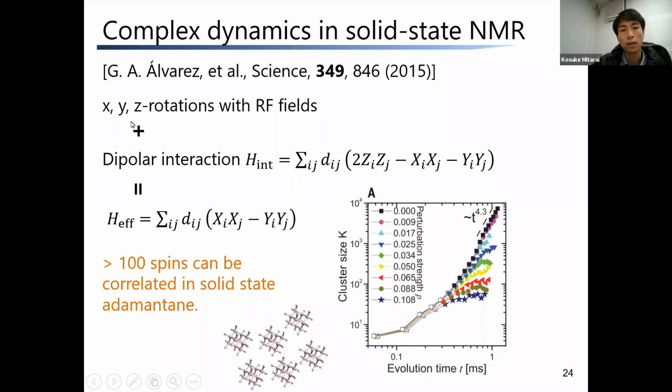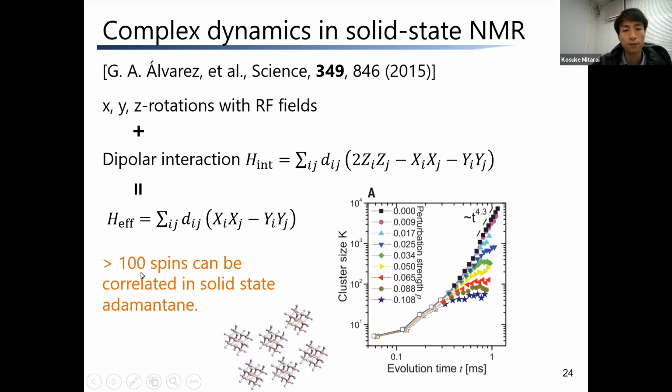What they did is apply these XYZ rotations and use this dipolar interaction, which is natively present in the spin system, and they created a Hamiltonian like this XX minus YY type interaction, and they observed the dynamics under this Hamiltonian.